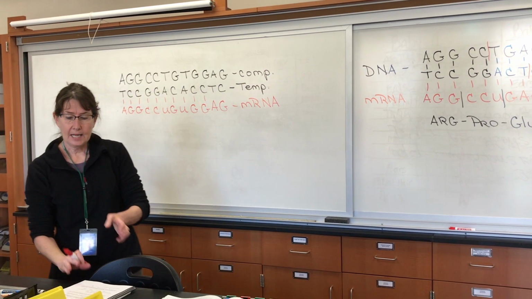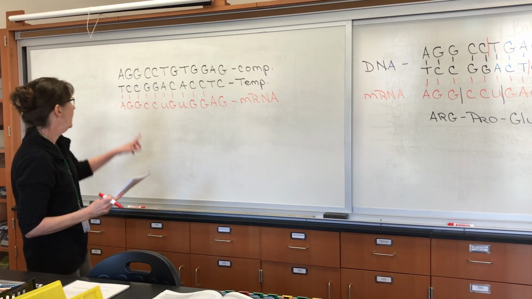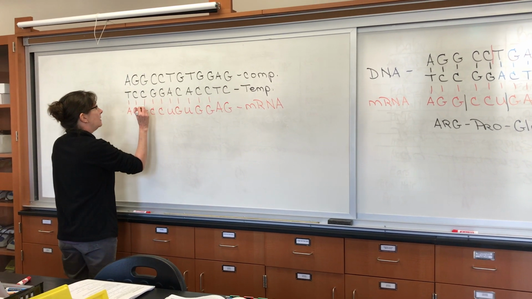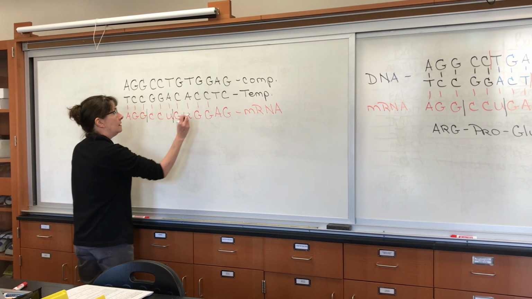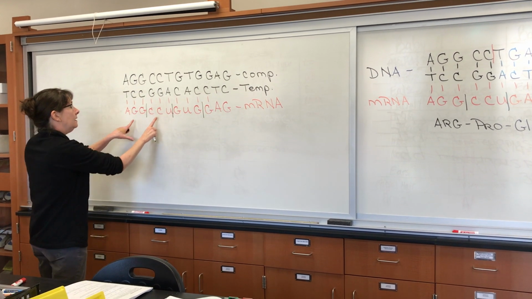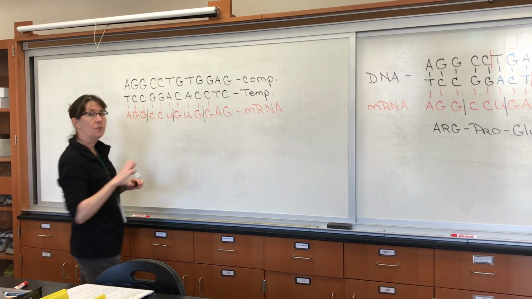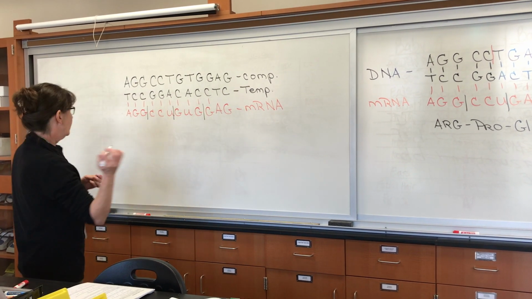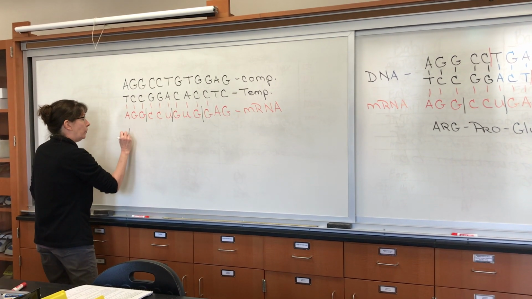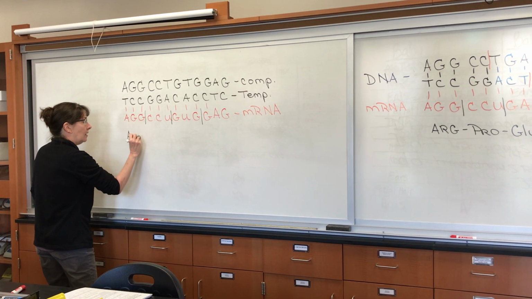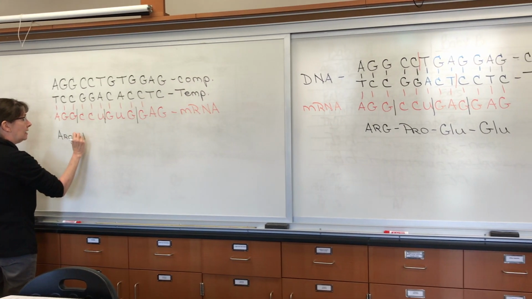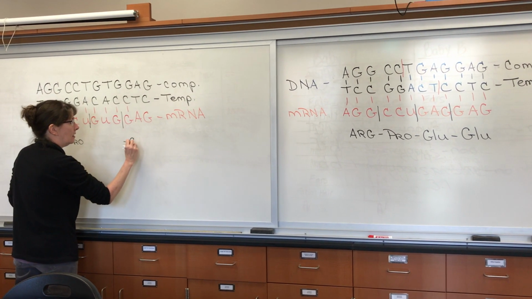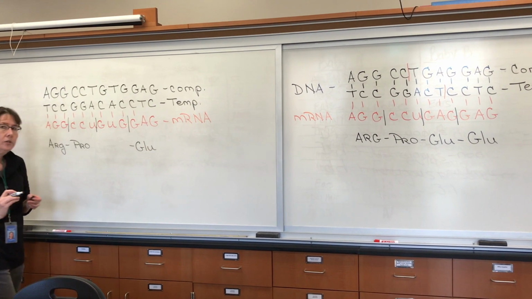And now when we take those messenger RNA codons, again in groups of 3, these two and this one won't change. We did not change the nucleotide sequence. So it will still code for ARG, PRO, and GLU.